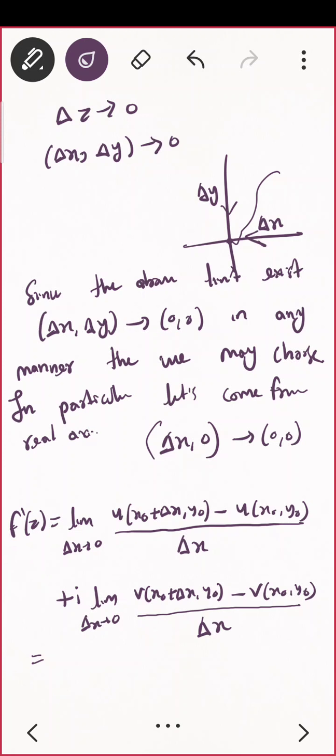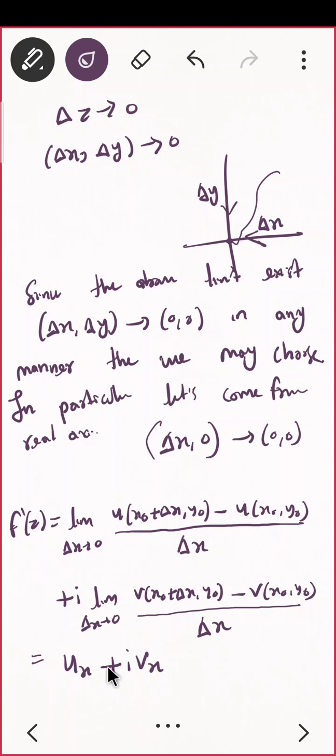So if the left hand side exists, then both these limits should exist, and you already know this limit. This is your u x at x naught y naught, if you write it properly, correct? And this will be plus i v x. Do you see that?